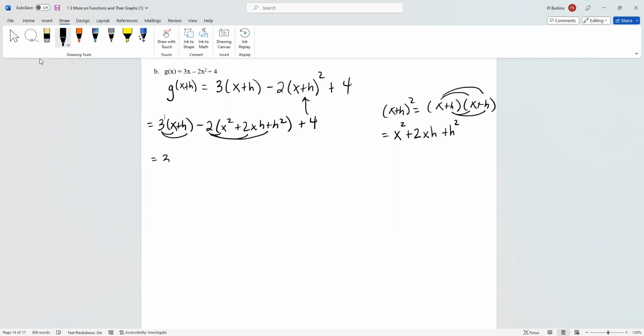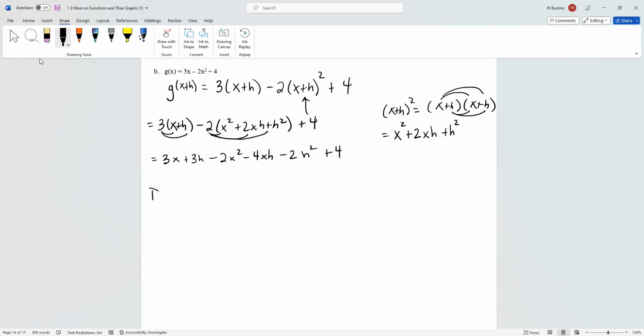So this is 3x plus 3h minus 2x squared minus 4xh minus 2h squared plus 4. Now if I have any like terms, I would put them together. I do not see any like terms, so I'm going to keep all of them here.